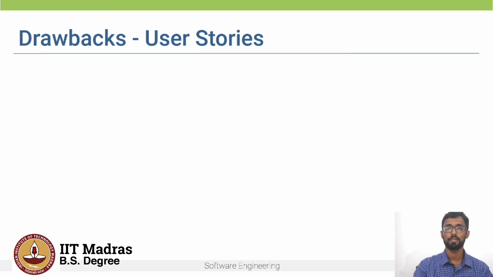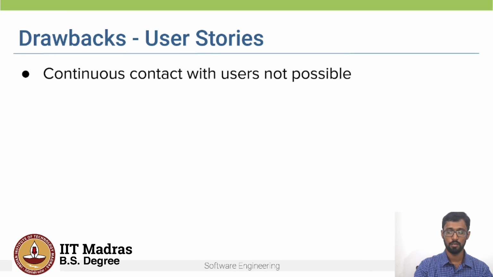So what are certain drawbacks of user stories? One, it may be difficult or too expensive to have continuous contact with customers throughout the development process, because customers may not want to participate or they may not be available at all times.